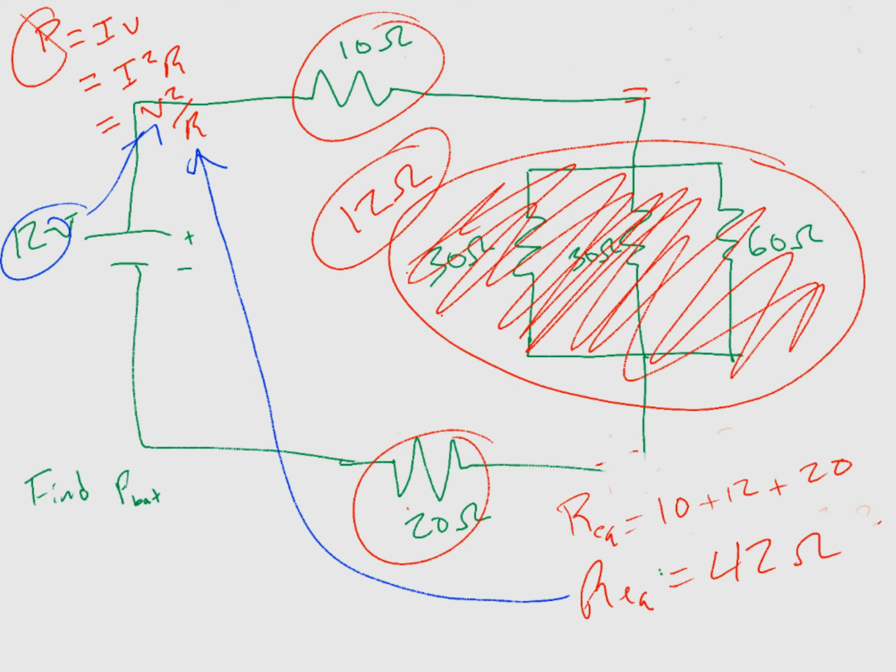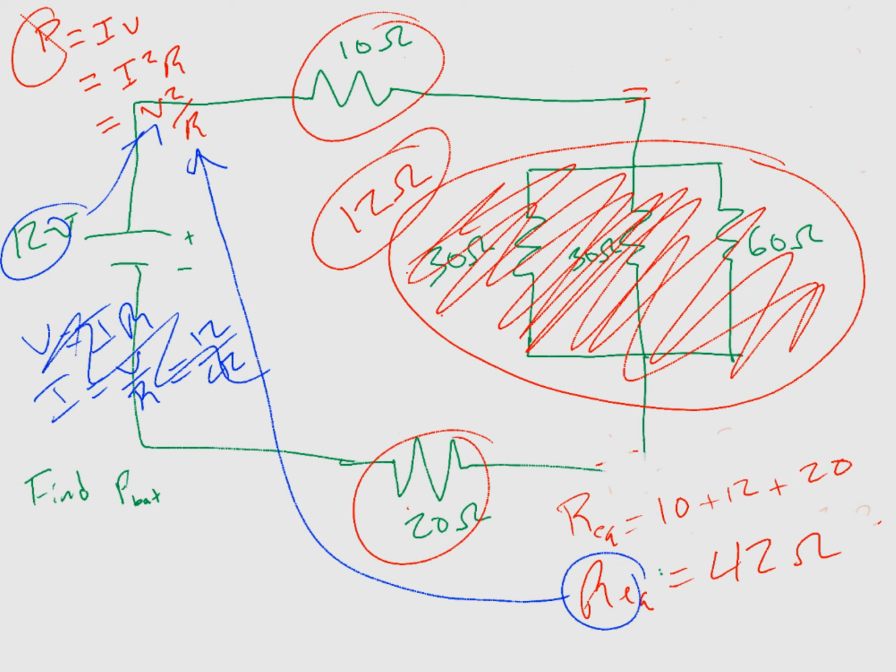I mean, you can if you really want to. V equals IR, I equals V over R, and in this case that's 12 divided by 42, which gives you a number. I'm not going to calculate it out right now. But my point is that we can use the REQ, the equivalent resistance of the circuit, and just the voltage, and go straight into solving the power for the circuit.